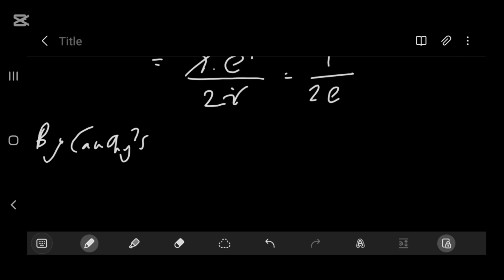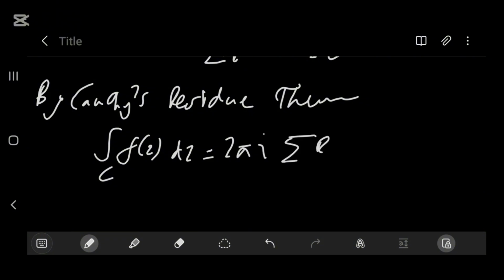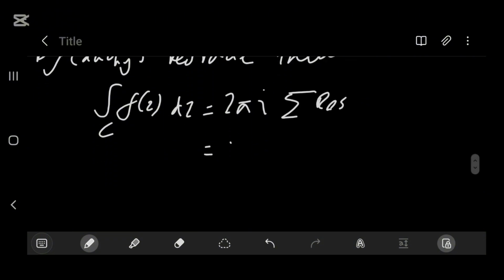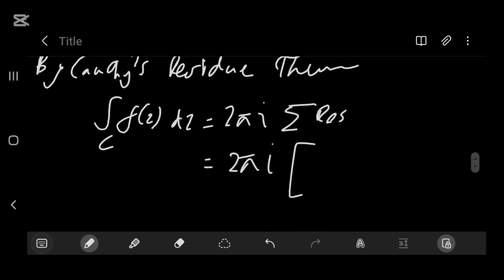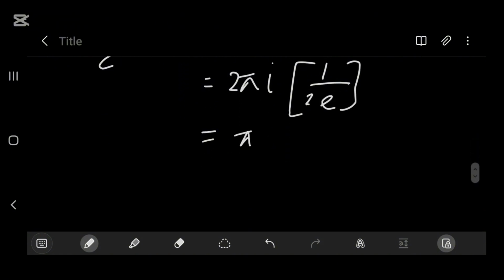By Cauchy's residue theorem, the contour integral of f of z dz equals 2 times pi times i times the sum of residues. We have only one, which is 1 over 2e. So we have pi i over e.